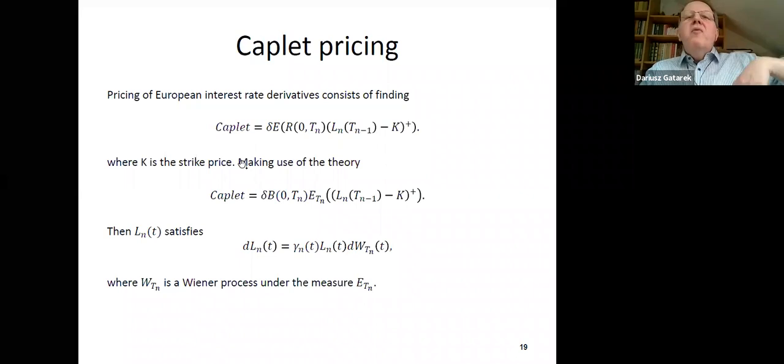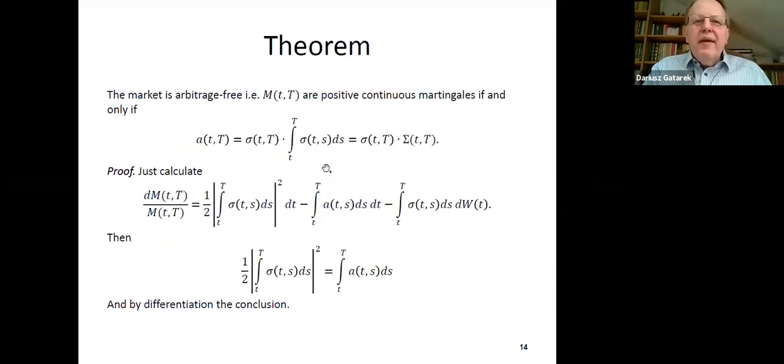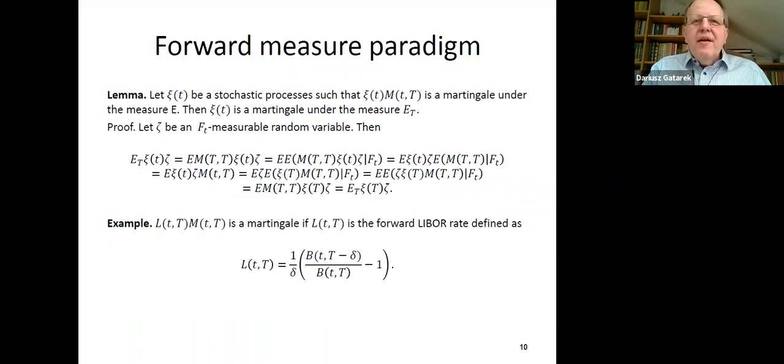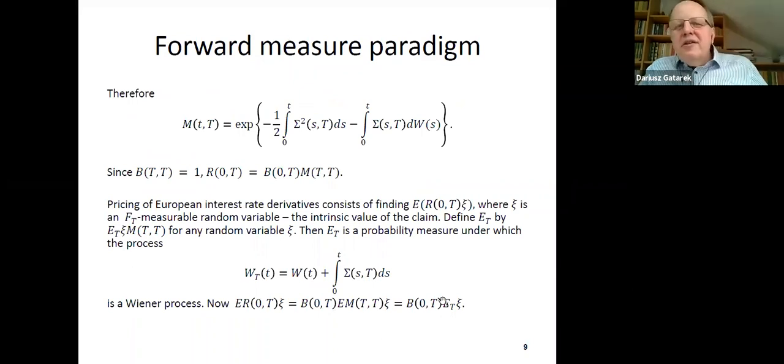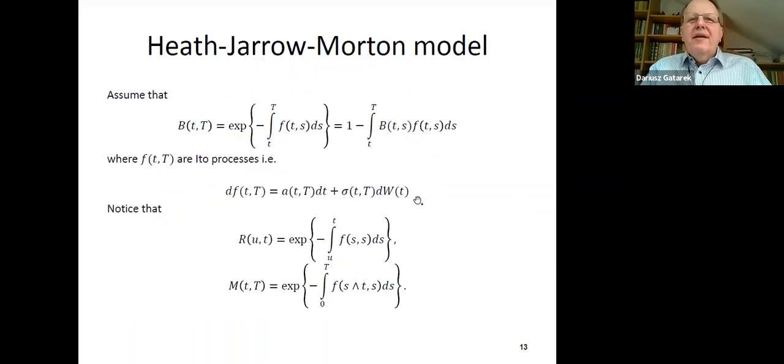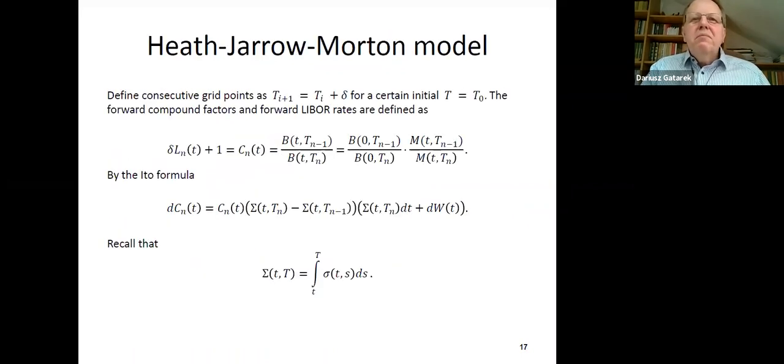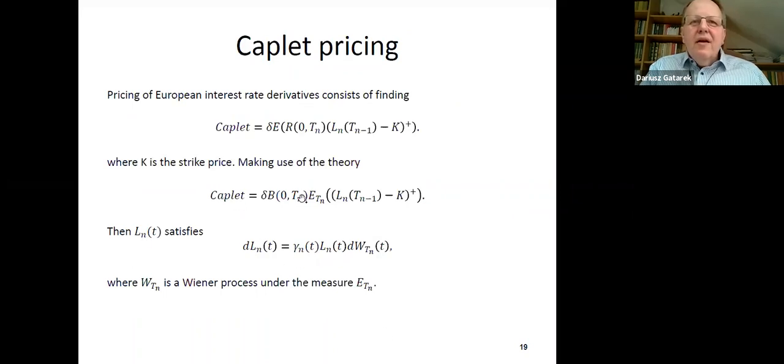So, and now we are making use of the theory here, that we may get rid of the discounting. Of the forward measure paradigm, we extract discounting out of the expectation. But under the forward measure, the Libor market model is just a geometric Brownian motion, yes?